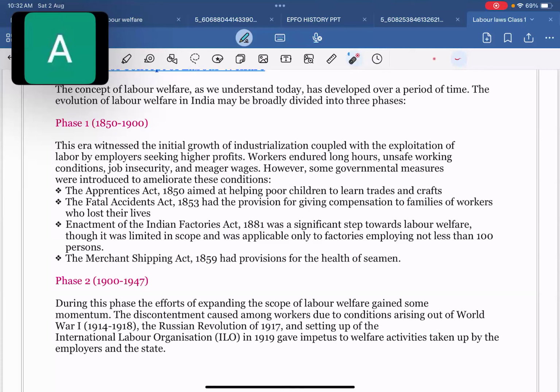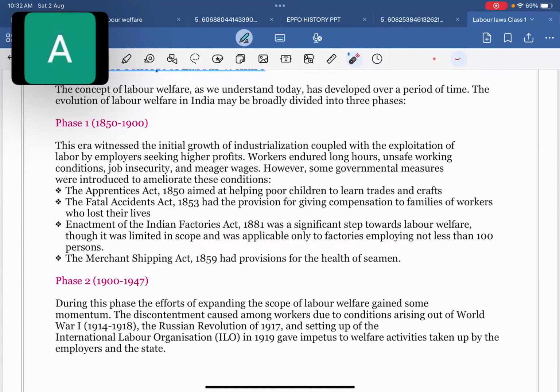Coming to the points, the enactment of the Indian Factories Act 1881 was a significant step towards labor welfare, though it was limited in scope and was applicable only to factories employing not less than 100 workers. Fine. And the Merchant Shipping Act 1859 had a provision for the health of seamen. Seamen means workers.